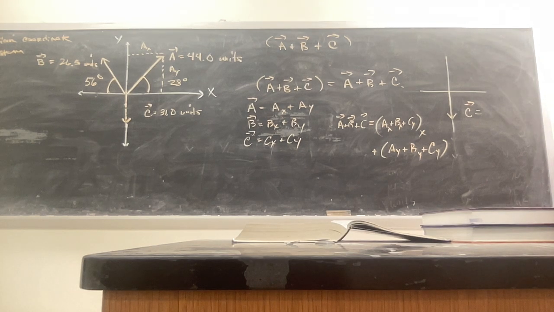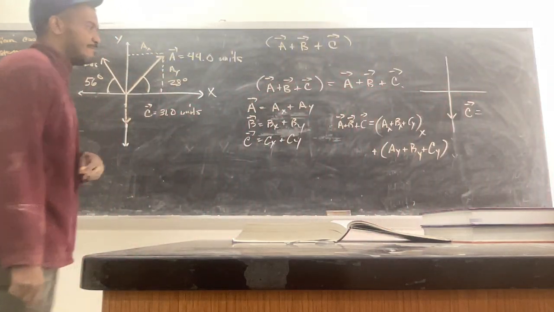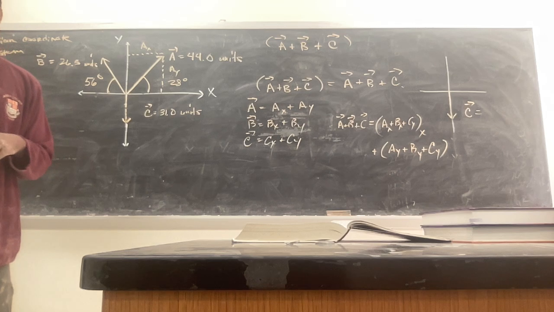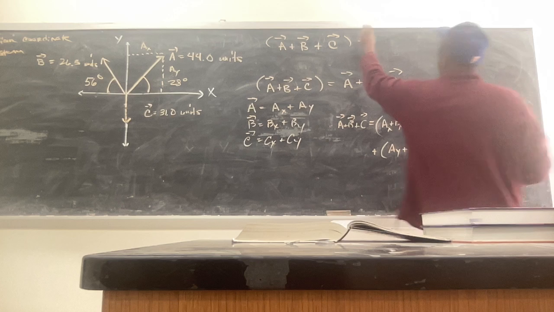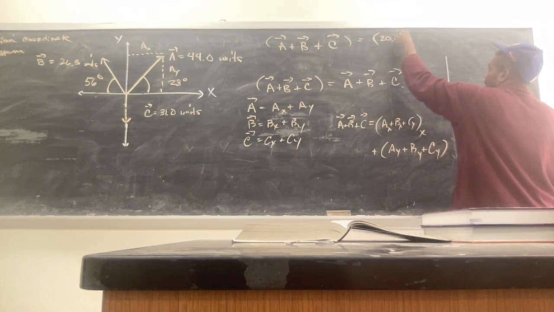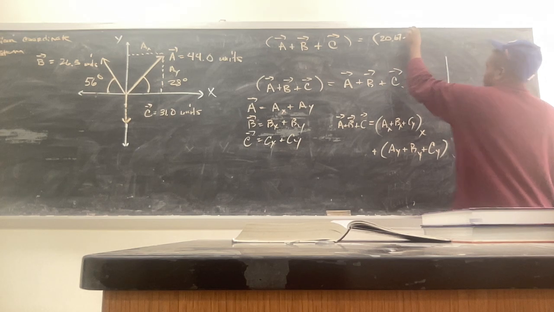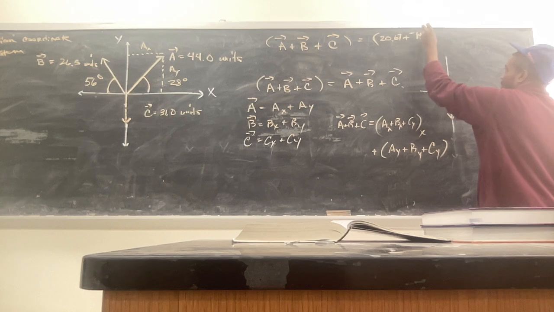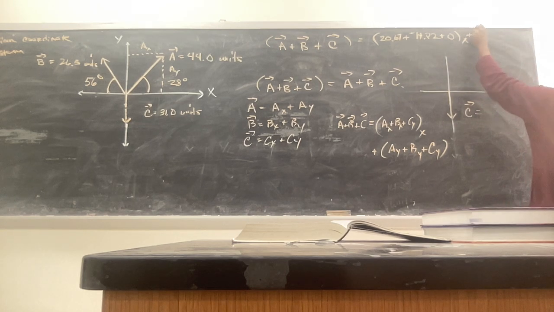Okay? So then, by the example we just used, what was the A component? 20.66, right? So let's write it up here. Let's say 20.67. What was the B component? Negative 14.82 plus 0, that's the x component. And then we're going to get our y component.